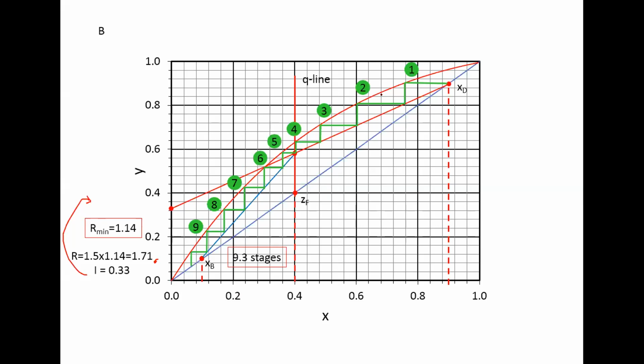Okay, so once I calculate, I found out that the number of stages is 9.3. If there is a decimal point, you need to put the significant figures over here. Usually it's only one digit after the point.